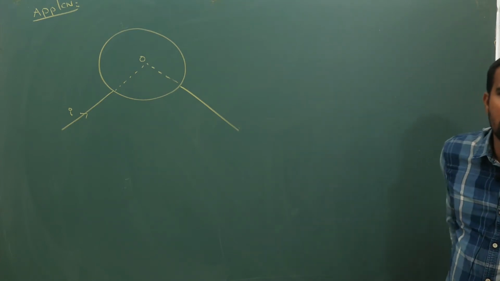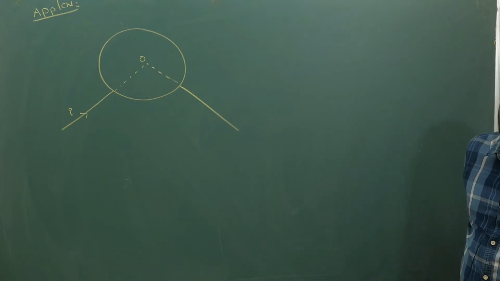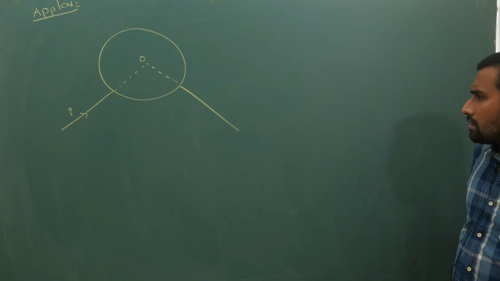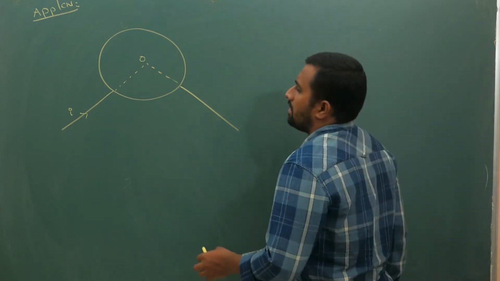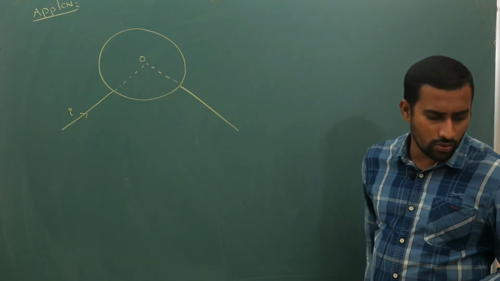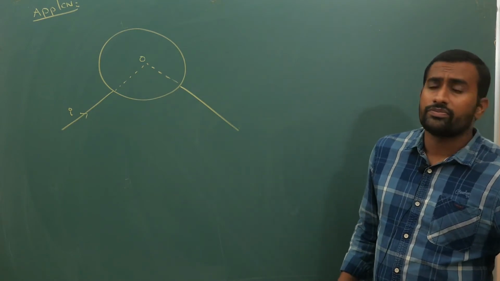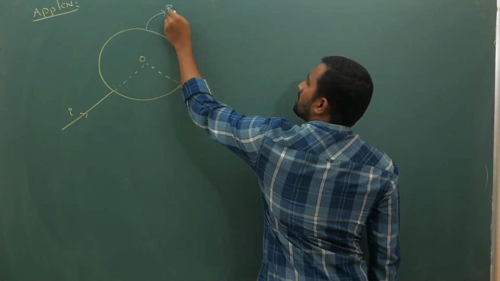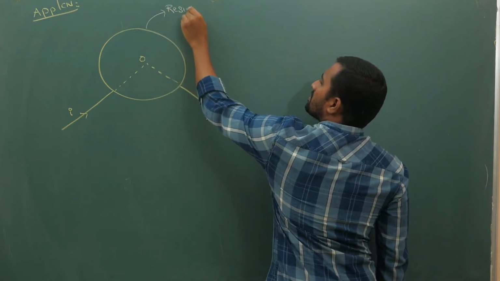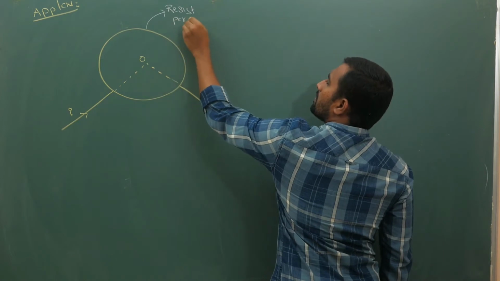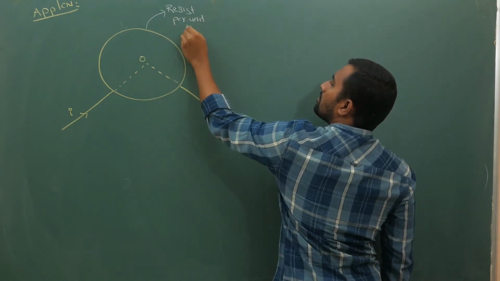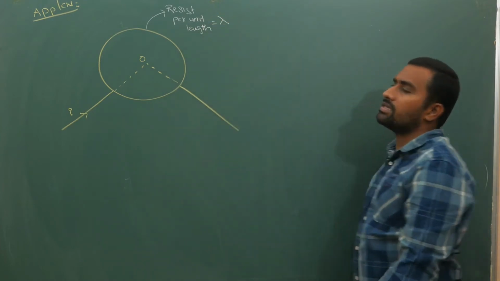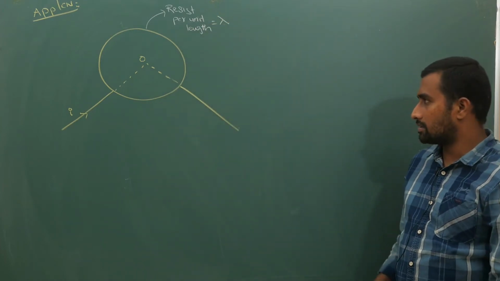So first what we are going to discuss is, there is a loop like this whose resistance per unit length is equal to lambda, or he'll just simply give you some uniform wire like this.